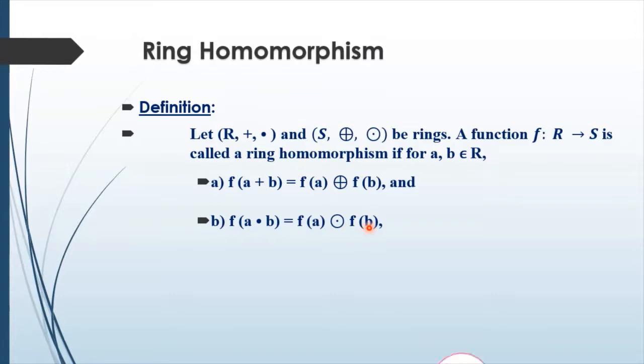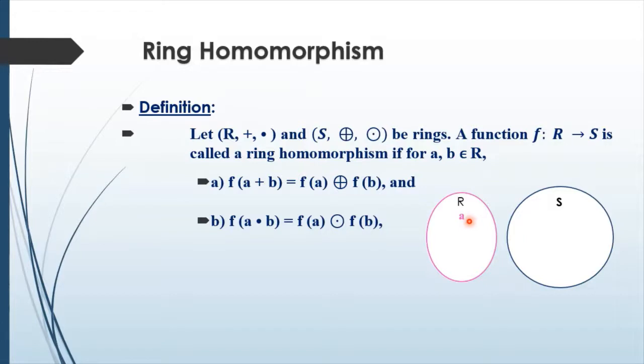So here you are considering two sets R and S, and you are defining a function from R to S which maps elements of R to elements of S. You take an element A, then correspondingly you will have f of A in S. Similarly for B, you will have an element f of B in S. Since R is a ring, you will have the element A plus B also in this set R, as R is closed under addition.